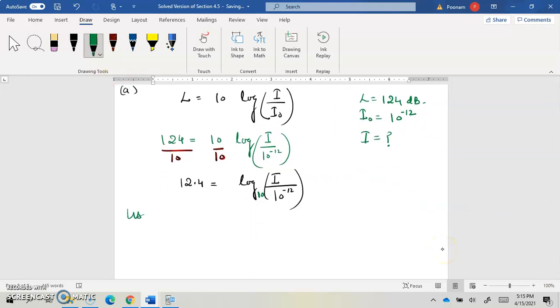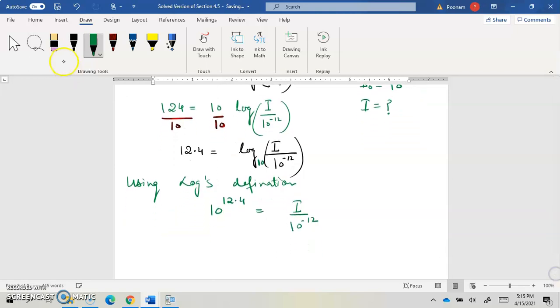So using the log's definition, we can say the base 10 raised to the power 12.4 is equal to I divided by this. So we can cross multiply and I would be equal to 10 raised to power 12.4 times 10 raised to power negative 12.